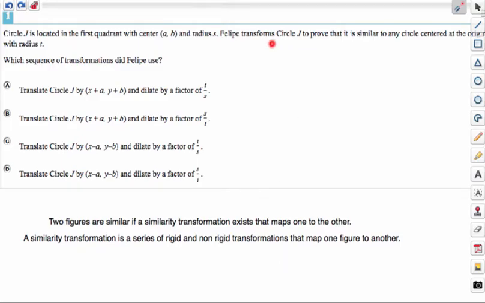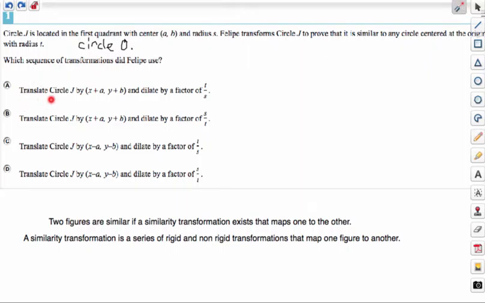So what we want to know is, can we map circle J to this circle with center at the origin, let's call it circle O, using a series of rigid and non-rigid transformations. Rigid transformations would be translations, reflections, rotations. Non-rigid transformation would be a dilation.